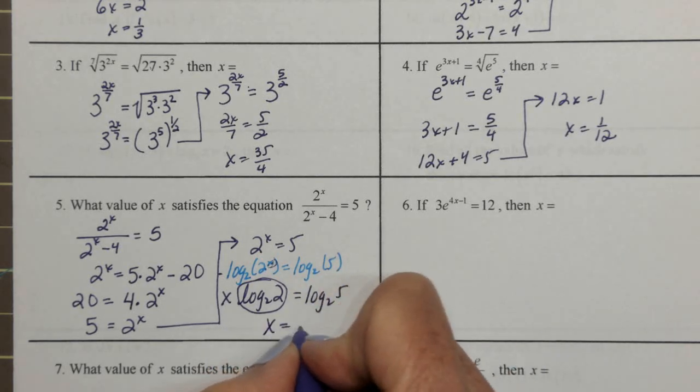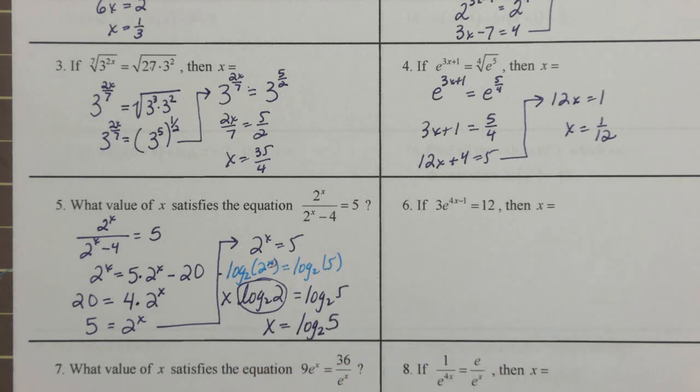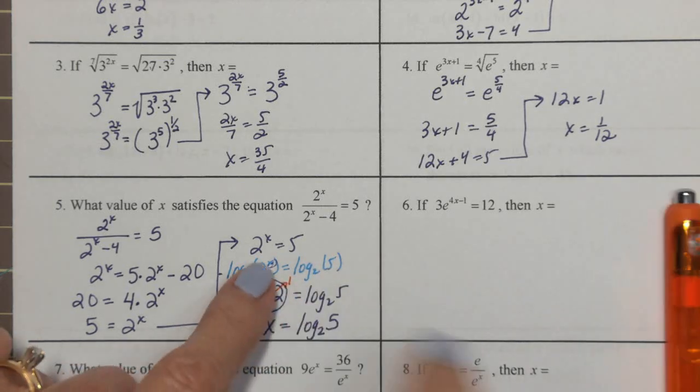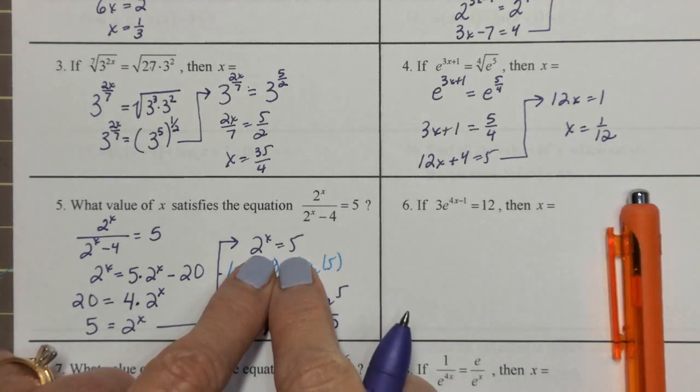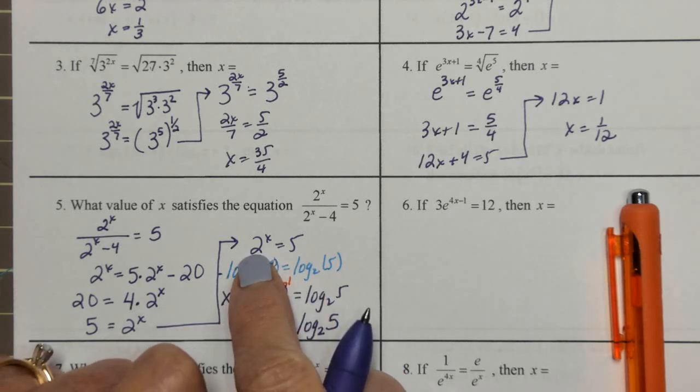So x is equal to log base 2 of 5, because this here is just a 1. So when you're left with something like this, take a log of both sides with that base. Log base, whatever that is, of both sides.